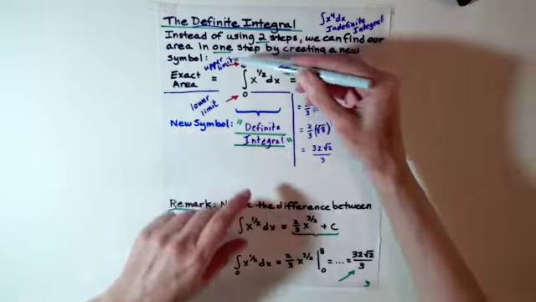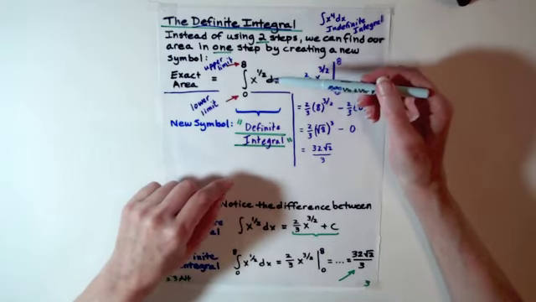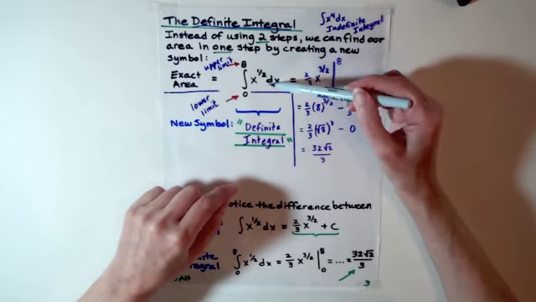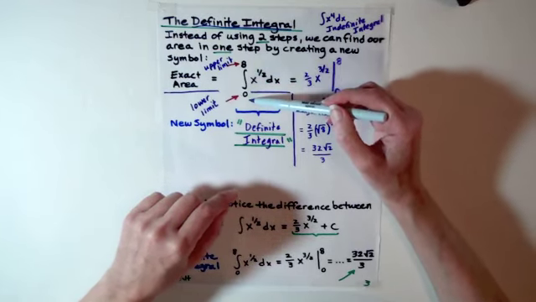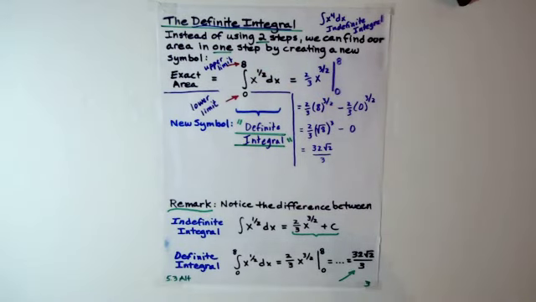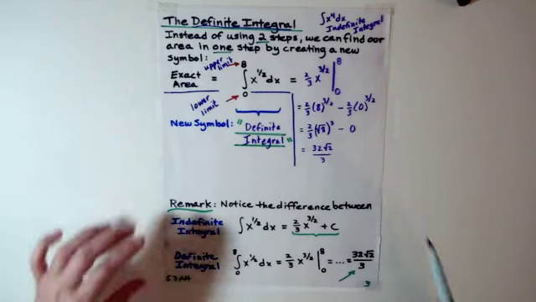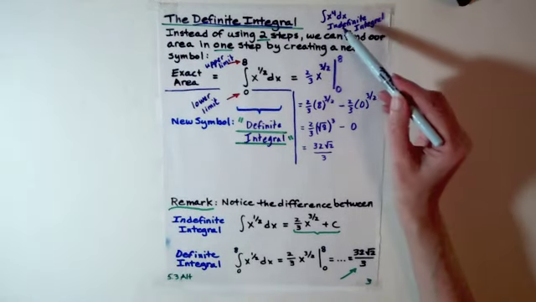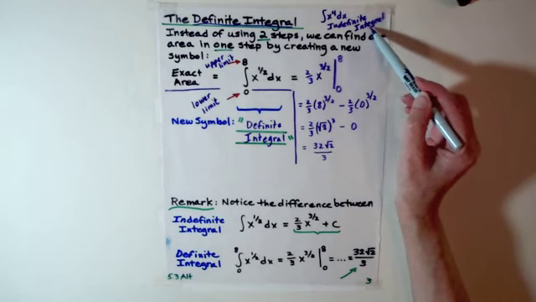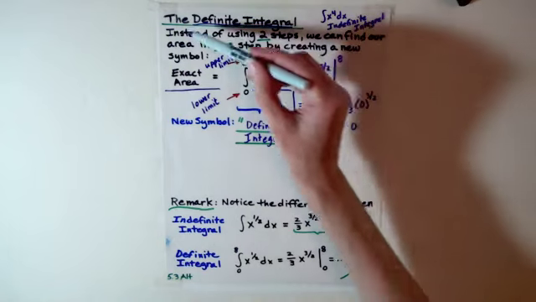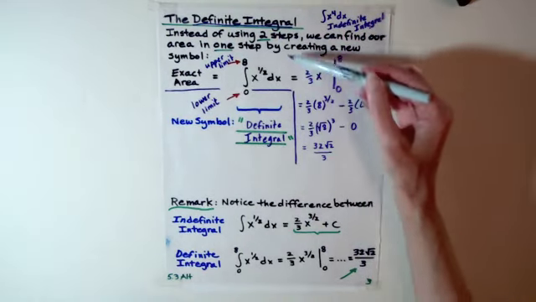So this symbol would be read the definite integral of x to the 1/2 dx from 0 to 8, from a lower limit of 0 to an upper limit of 8. Okay, I just want to make a remark about the indefinite integral that we talked about back in section 4.9/5.4 and the definite integral that we've just defined right here.